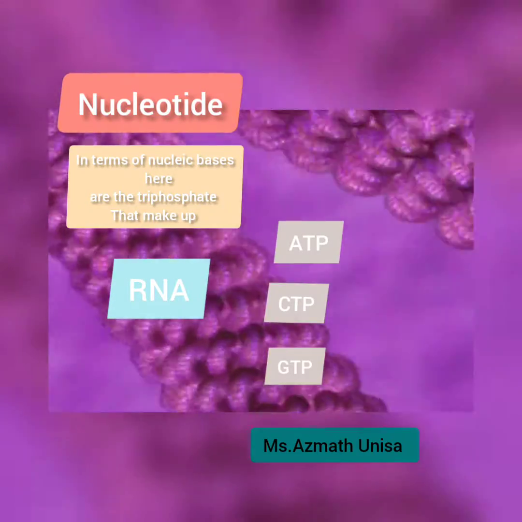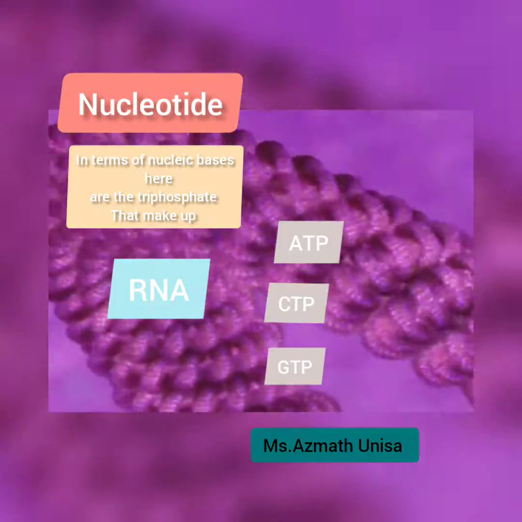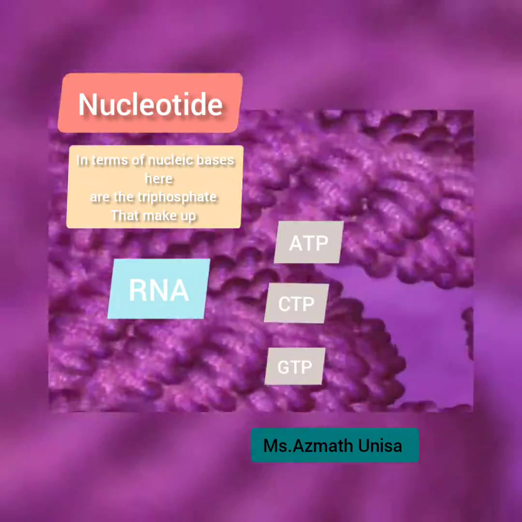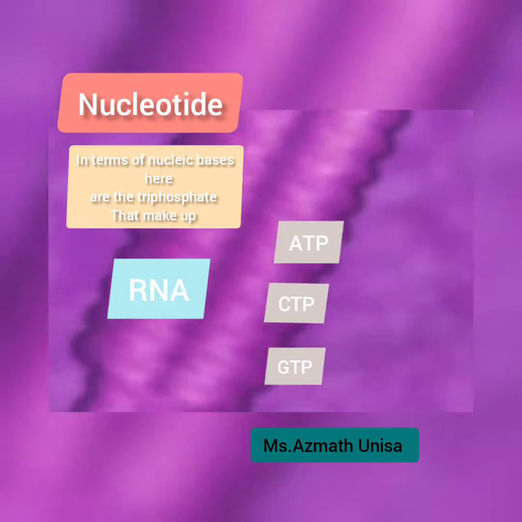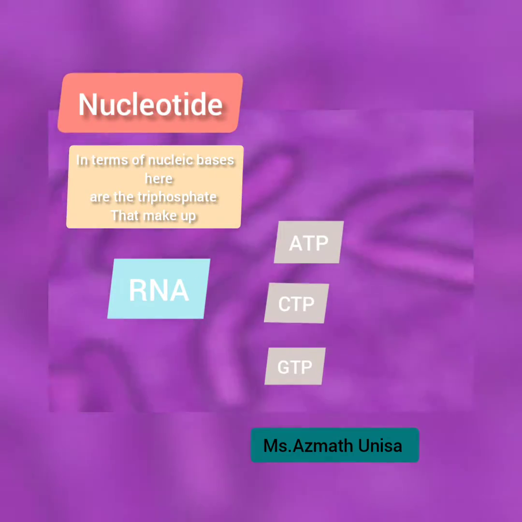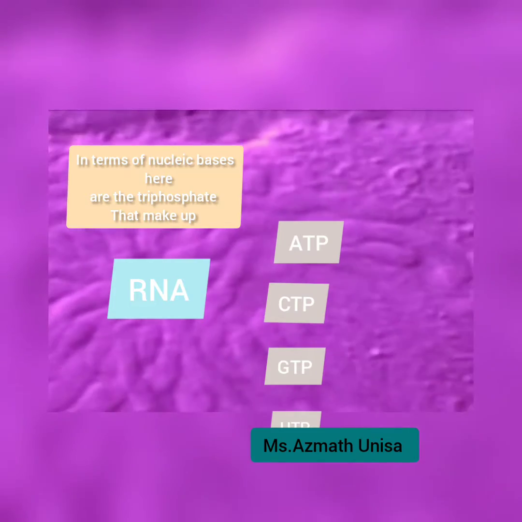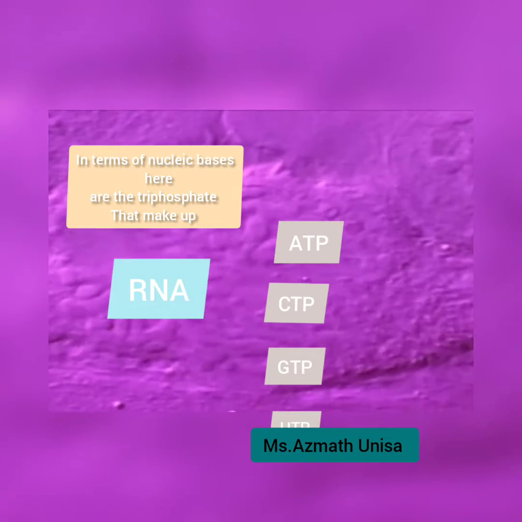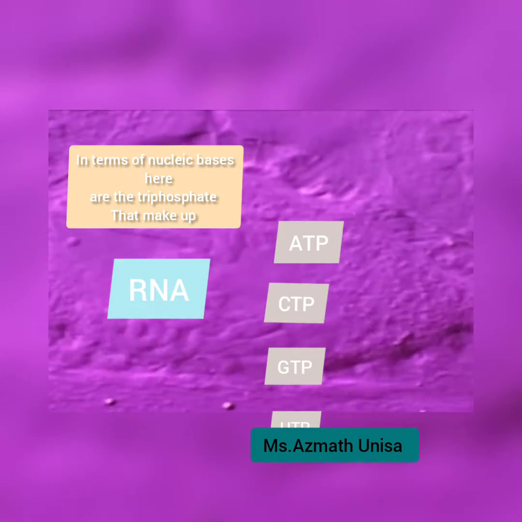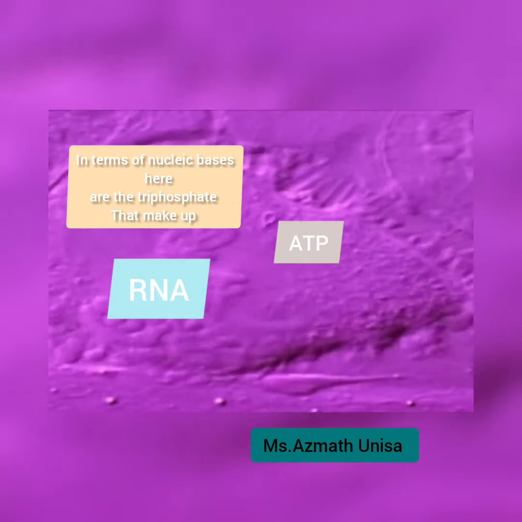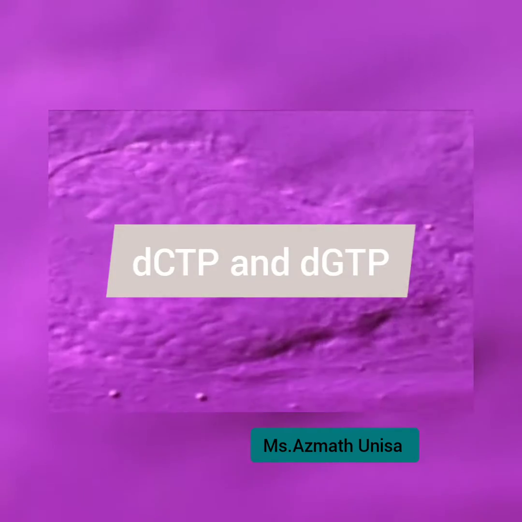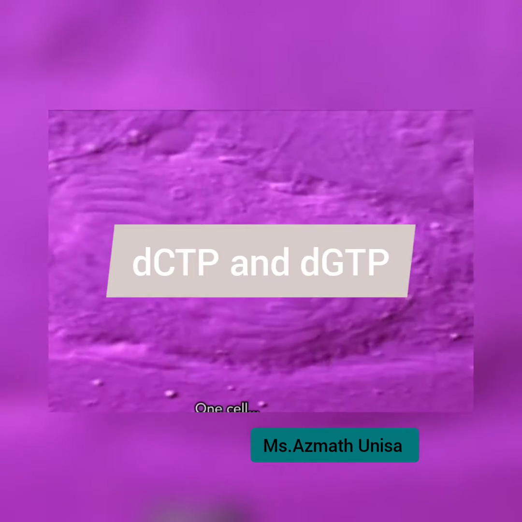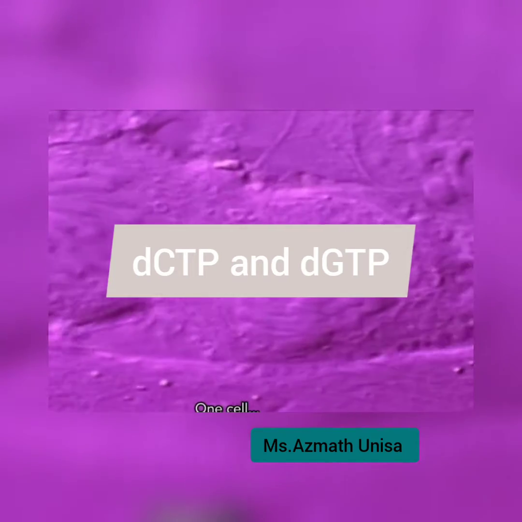Whereas GTP, guanosine triphosphate, is a nucleotide that is made up of ribose sugar, a guanine base and 3 phosphate groups. UTP, uridine triphosphate, is a nucleotide that is made up of ribose sugar, a uracil base and 3 phosphate groups. So for example, dCTP and dGTP bonded together would form a nucleic acid.